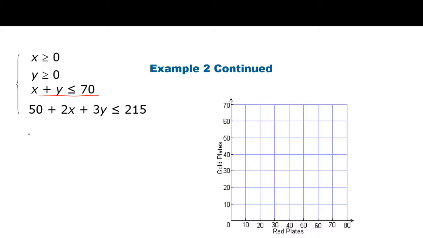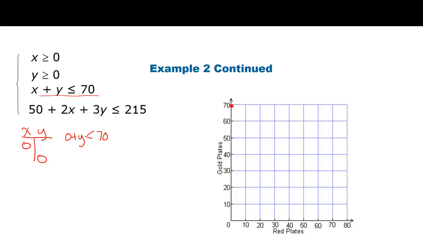If I take X and Y and use my two intercepts, when X is 0, this is 0 plus Y is less than 70, so Y is going to be at our 70. So 0, 70. Let's plot that point.